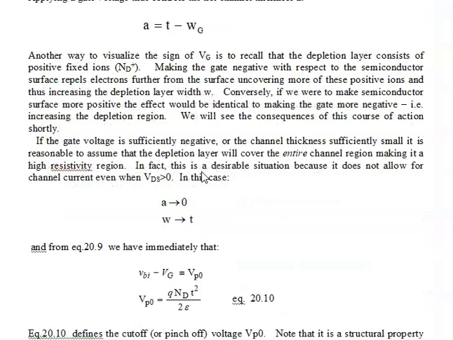Now, let's see. We're going to put a gate voltage that is sufficiently negative so that the conductive channel completely disappears. All right, and therefore, what we're saying in this particular case, that the depletion region is equal to the complete deposited channel thickness.